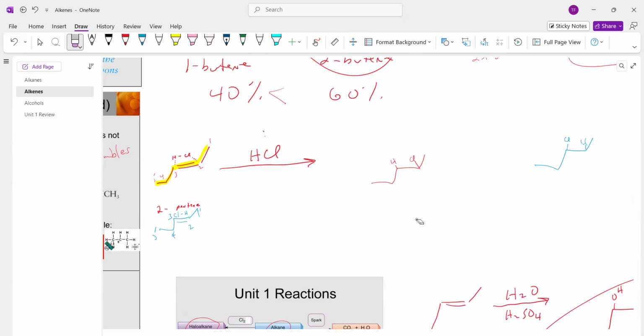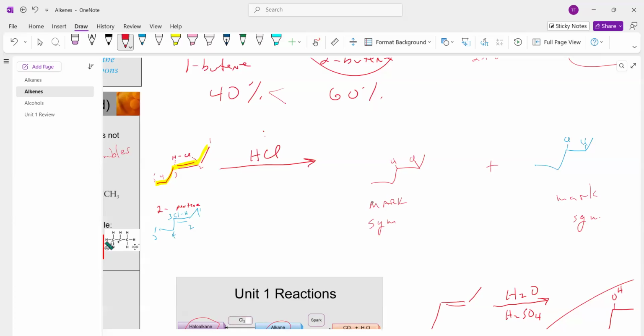Okay, so we need to do the 2 tests. We have the Markovnikov and symmetry. Remember, we have to circle the one which is more stable.